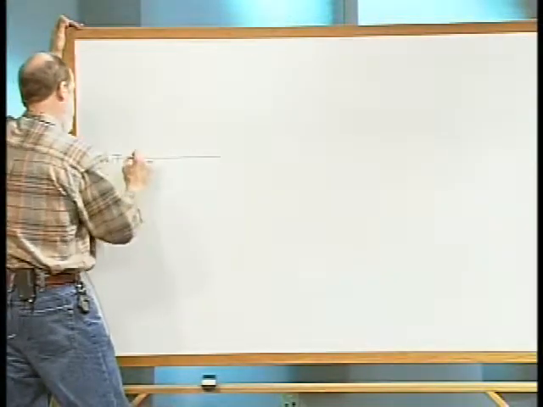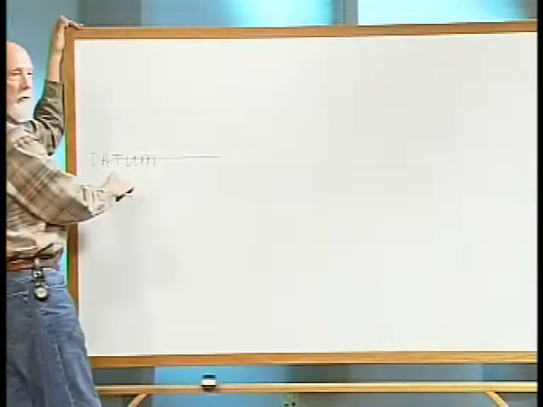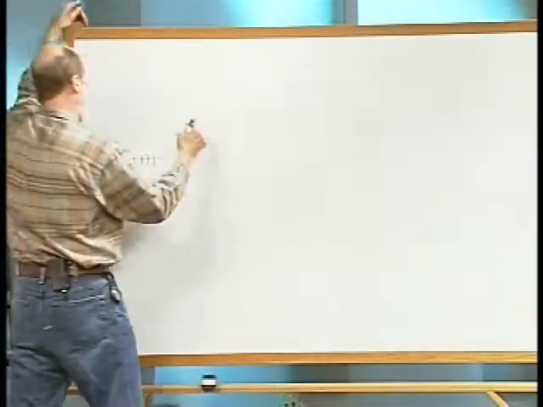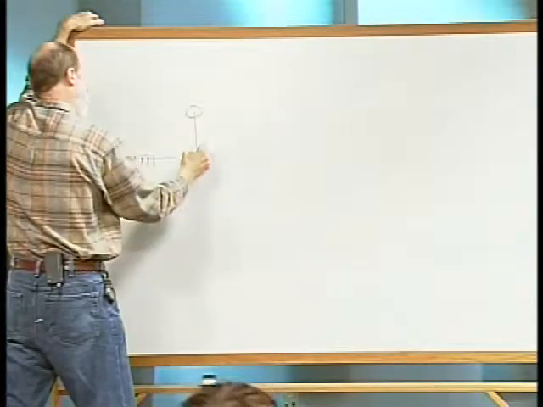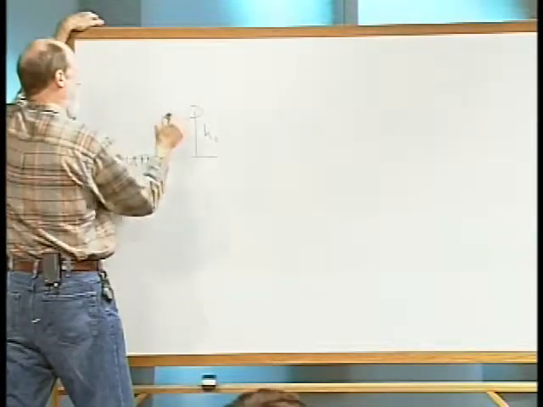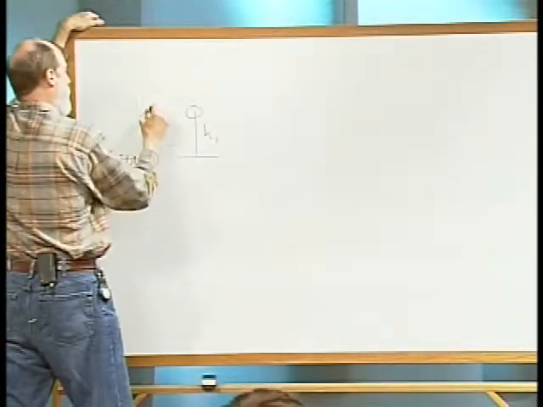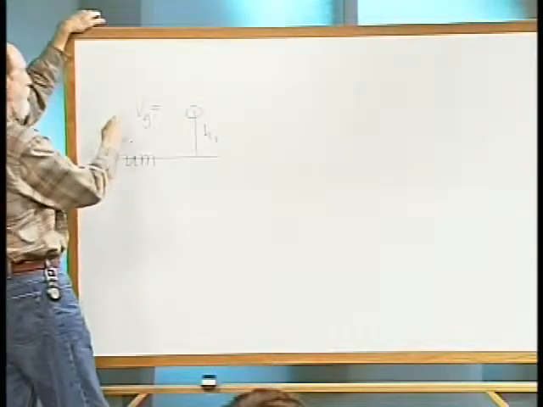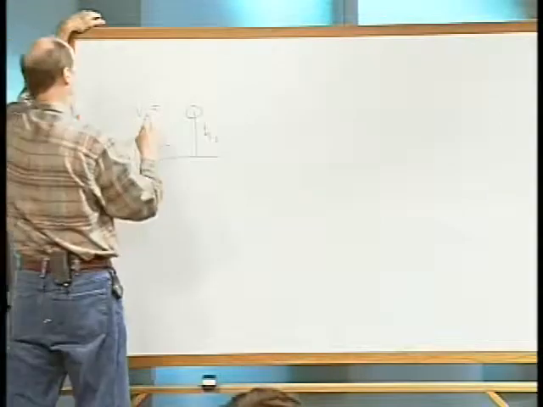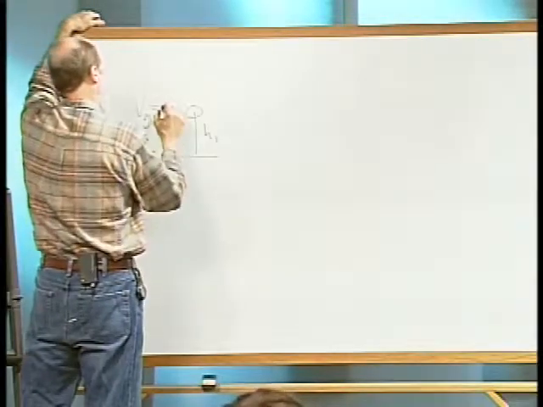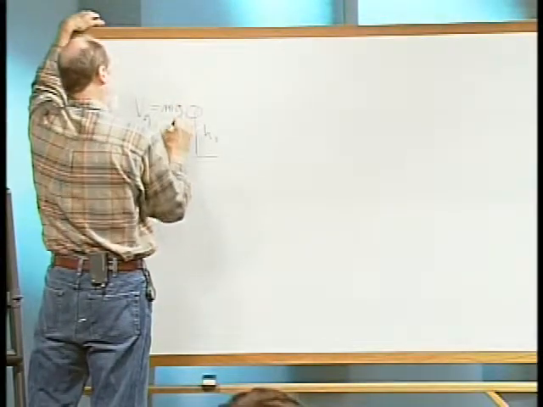We set up a gravitational reference level. We have a body at some altitude, let's call it h1. It's carrying some gravitational potential. By definition, we use capital V for this, gravitational potential, V sub g. It's carrying mgh1.